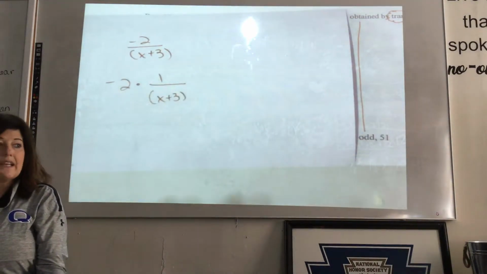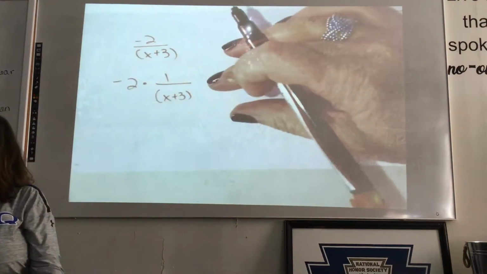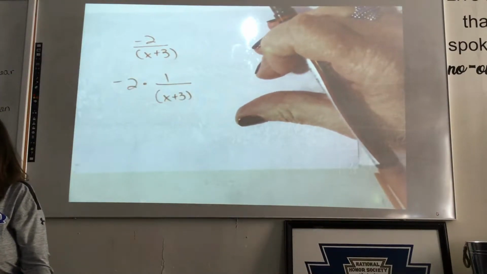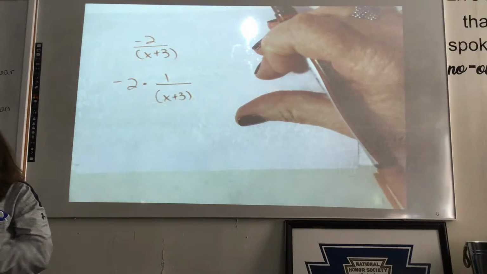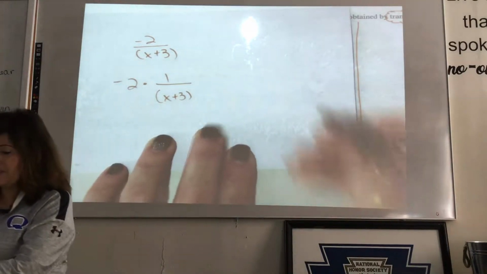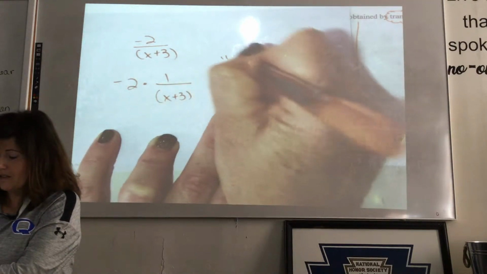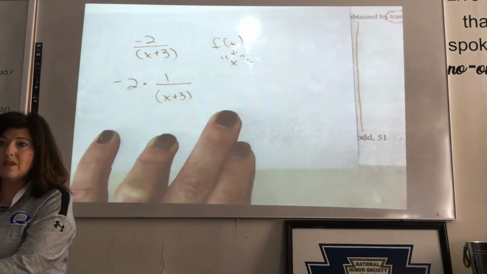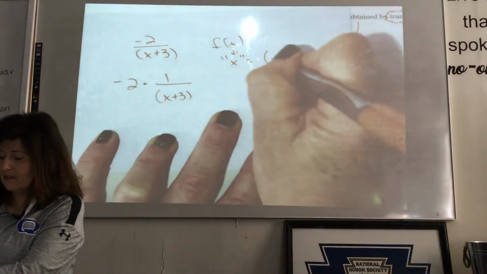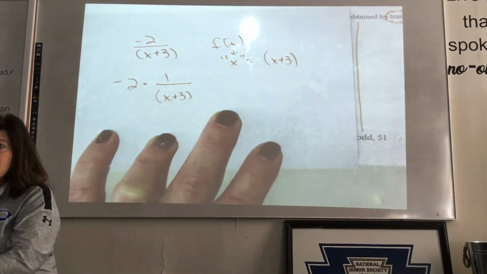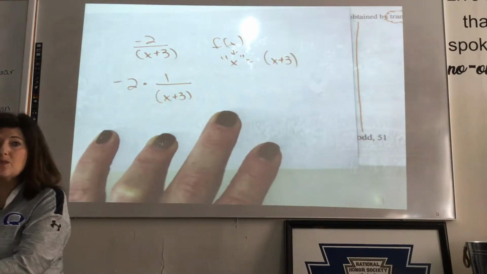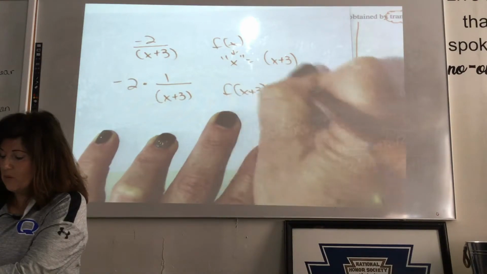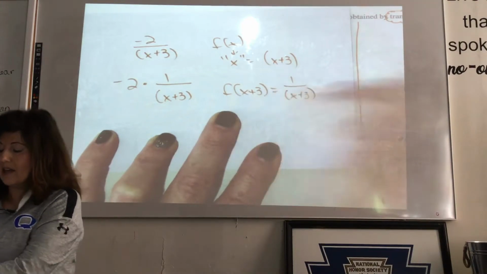Okay, everybody take a second and really study that, because that is the key to what we're about ready to do. So now what I'm going to say here is that the x of my f of x is going to become x plus 3. So in essence, I'm going to say f of x plus 3 will be 1 over x plus 3.